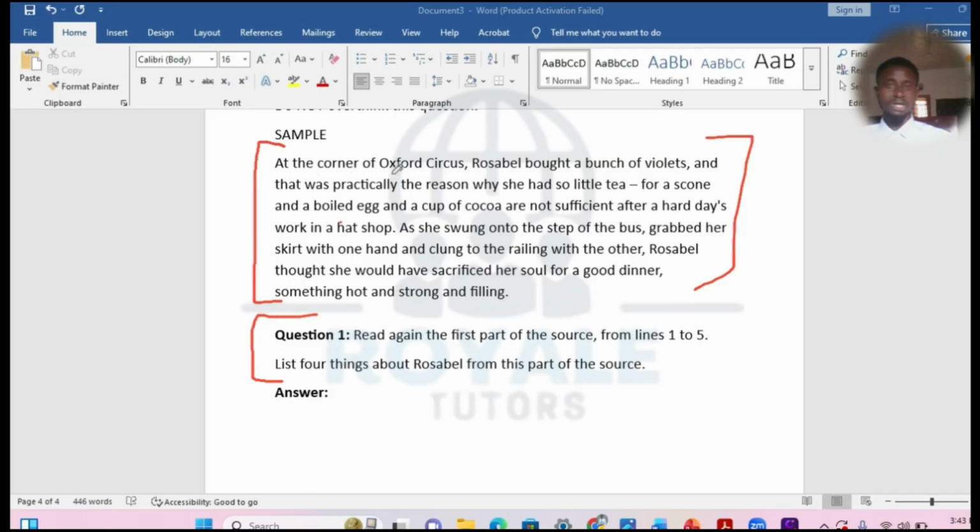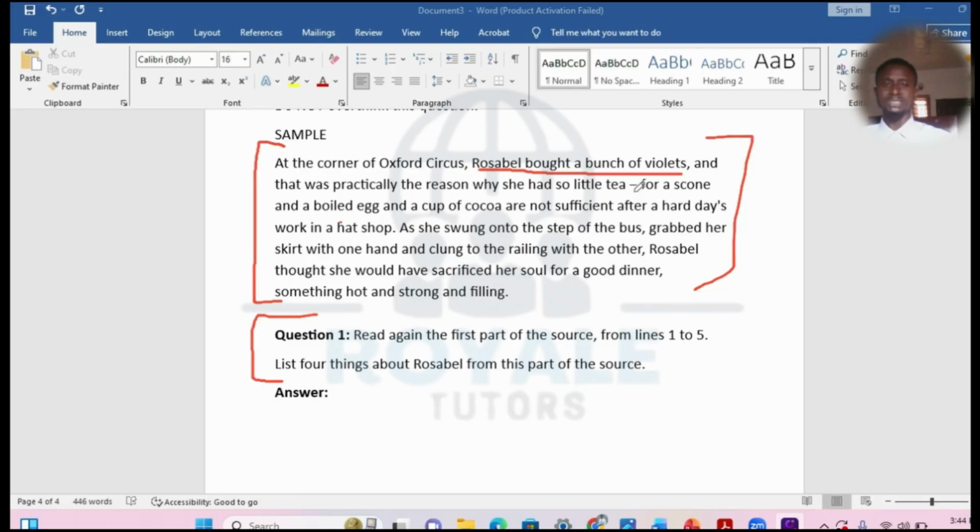At the corner of Oxford Circus, Rosabel bought a bunch of violets. So this is talking about Rosabel and the action she took right here. So she bought a bunch of violets. Beautiful. So let's move on to see if there are other things about Rosabel in this text. And that was practically the reason why she had so little tea.